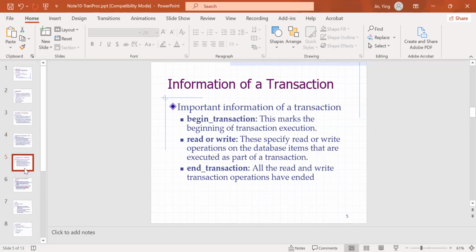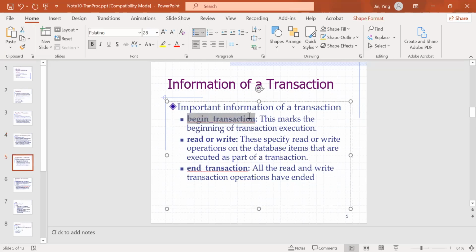Okay, so let's see some important information about a transaction. What do we want to know about a transaction? First of all, we want to know the beginning of a transaction, when the transaction starts. Then we want to see what read or write operations on the database are part of the transaction.